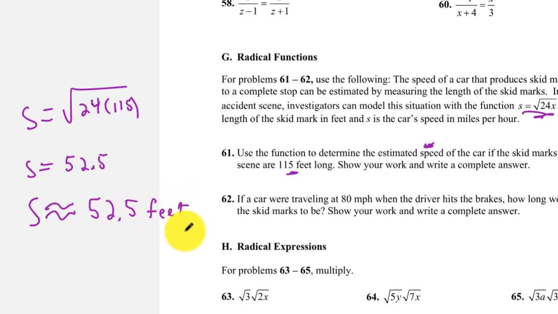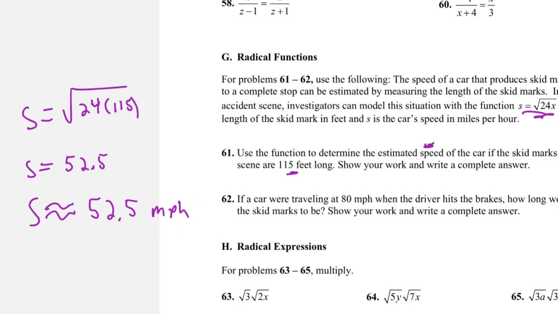Oops, not feet. It was the speed of the car. I'm sorry. Instead of feet, we should say it's 52.5 miles per hour. That's how we measure the speed of a car.